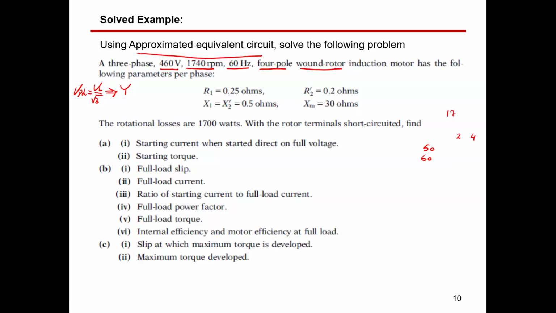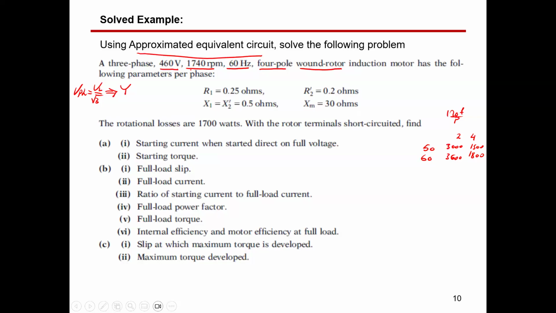So if you apply the relation of 120F divided by number of poles, you would find that this is 3000 RPM, this is 3600, this is 1500, this is 1800. So it's definite numbers. We don't have a lot of varieties of numbers for the synchronous speed. So definitely this speed is the rotor speed, not the synchronous speed.